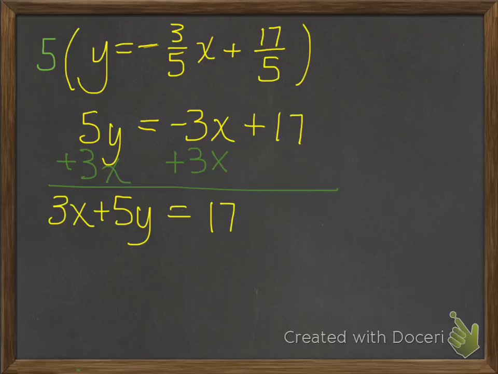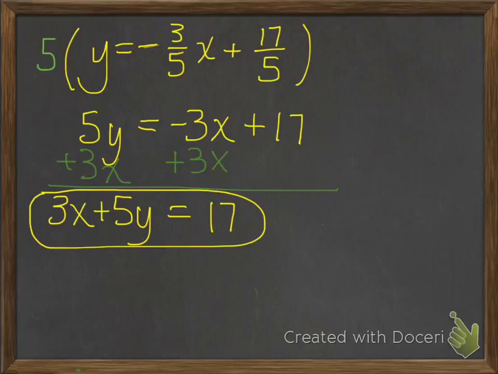The negative 3x and the positive 3x become 0 together. So this is our equation: 3x plus 5y equals 17. And that's equivalent to the slope-intercept form that we had up above there.